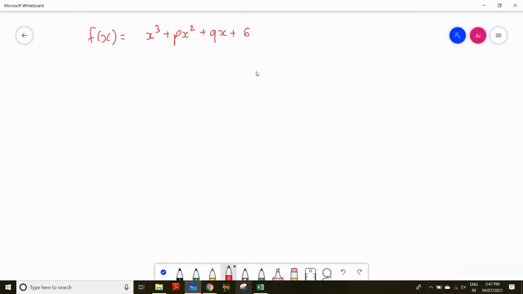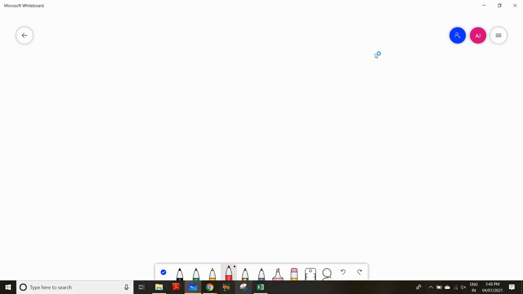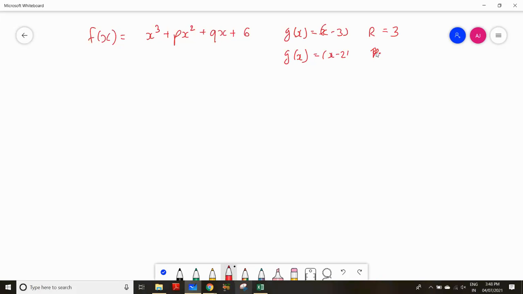When it is divided by x minus 3, which is g(x), it leaves remainder 3, and when g(x) is x minus 2, it leaves remainder 0. Okay, so now we will form two equations.